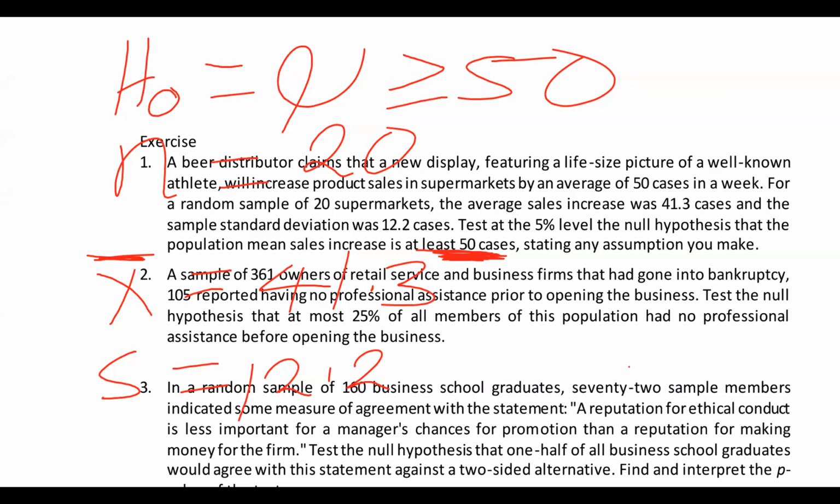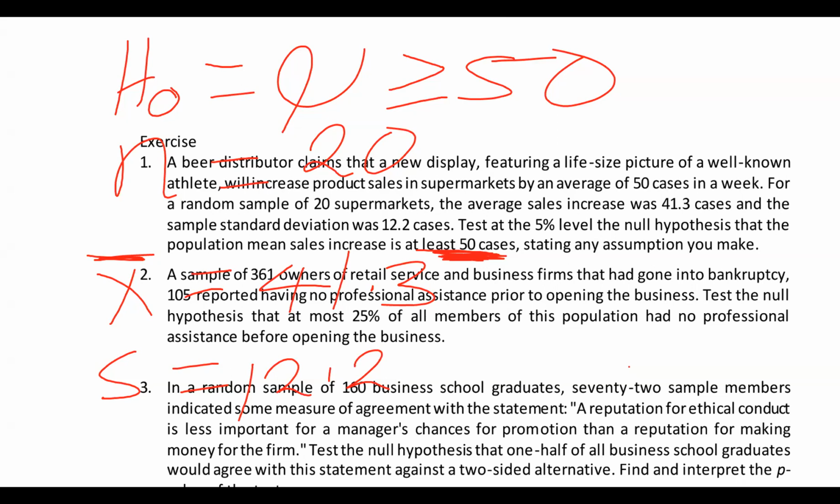I want you to understand the question, then answering is easy. So the question is that you test at the 5% level of significance the null hypothesis that the population mean sales increase is at least 50. At least 50.